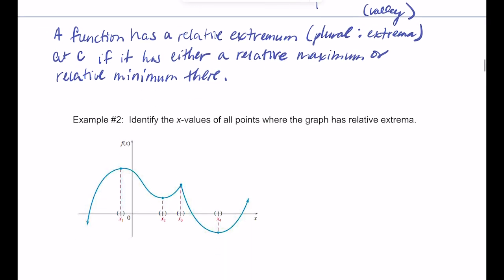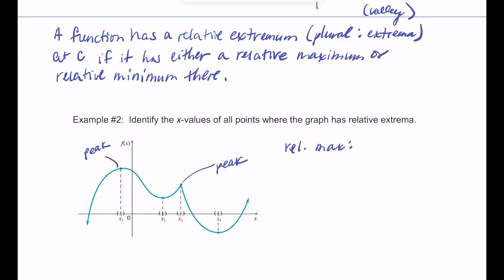So if I'm given a graph, which I am here, and we need to identify the x values of all the points where the graph has relative extrema, what I'm going to do is look for my peaks and valleys. So here I have a peak, and I also have a peak right there at that sharp corner, which we call a cusp. So peaks are where we have relative maximums.